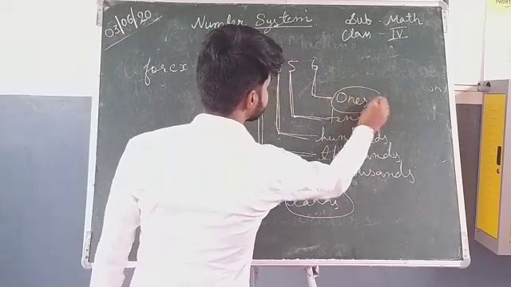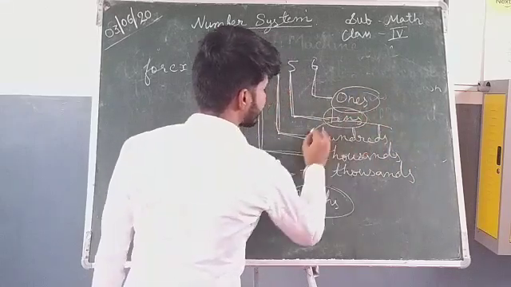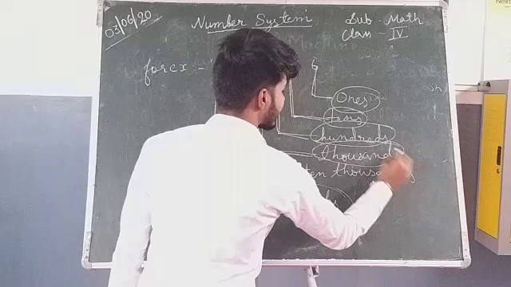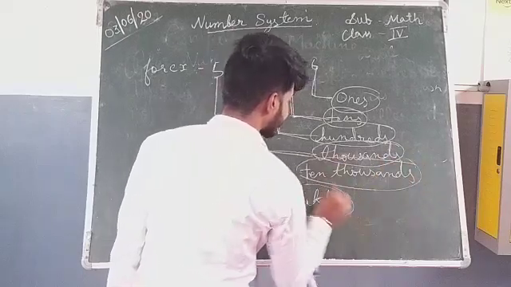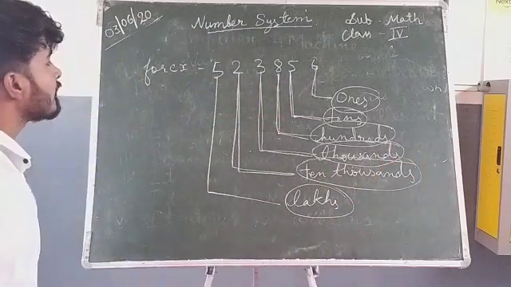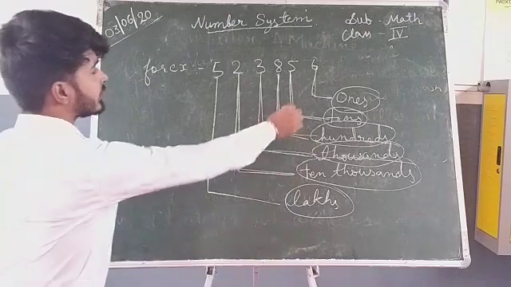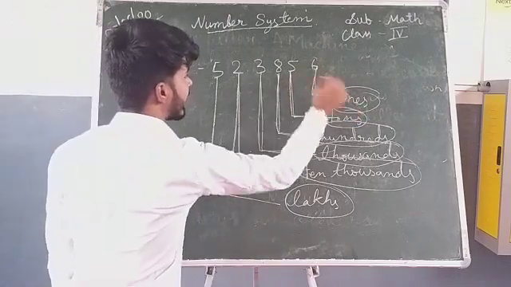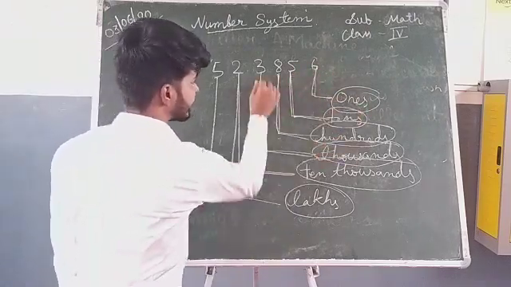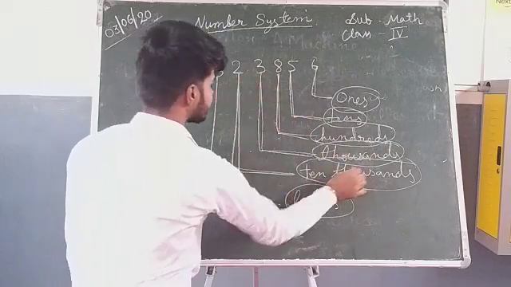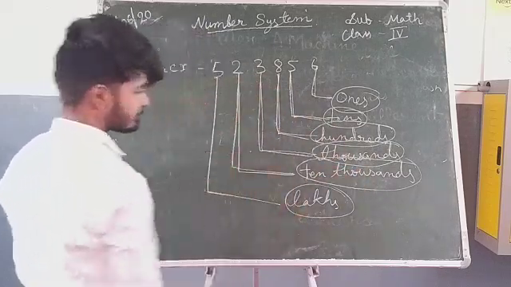Now we will know the positions again. 6 ones, 5 tens, 8 hundreds, 3 thousands, 2 ten thousands and 5 lakhs.